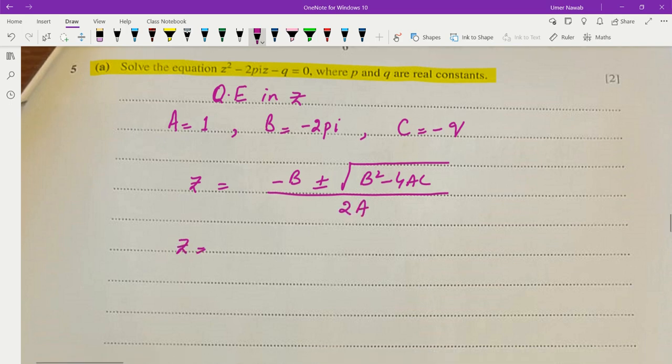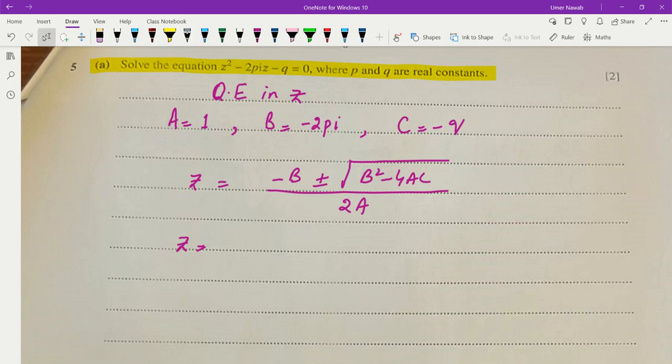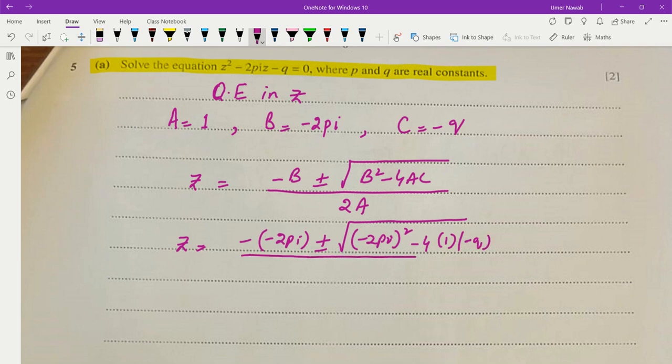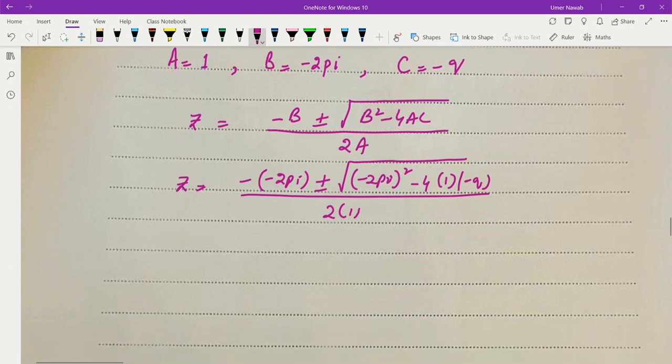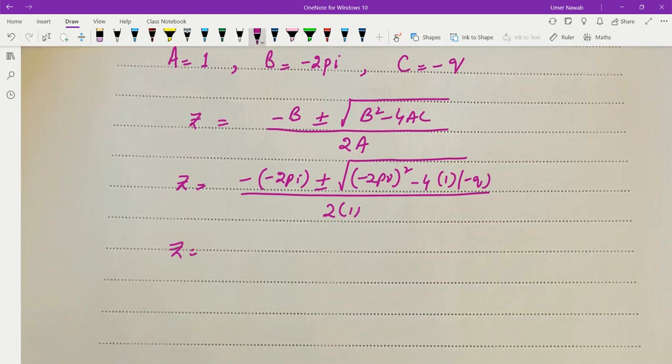Substitute the constants a, b, c into the formula. So minus of minus 2p iota plus minus the square root of minus 2p iota whole squared minus 4ac, that is minus q, divided by 2 times 1. Now try to simplify.